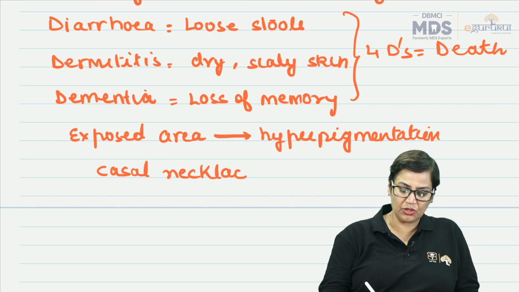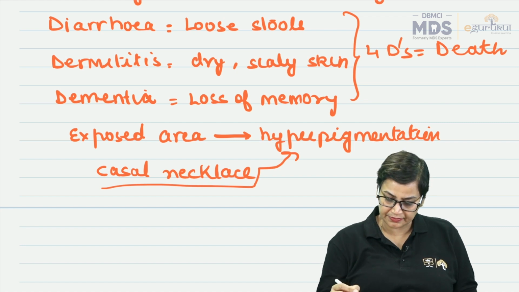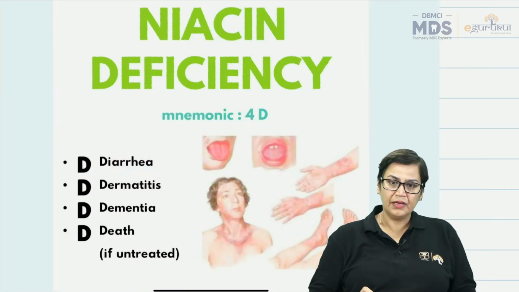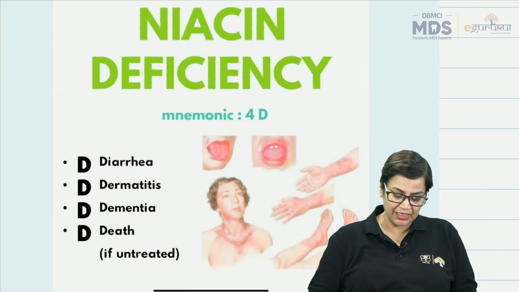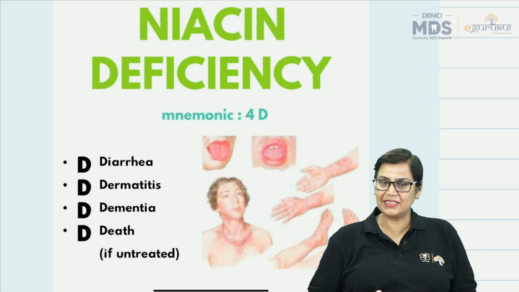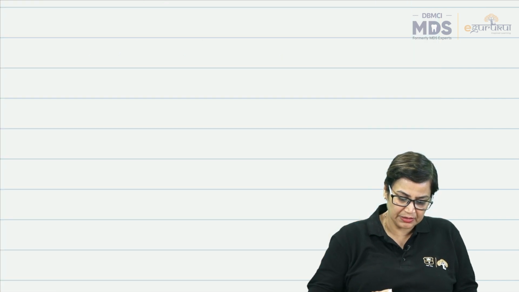I'll show you the image also. Casal necklace is a characteristic feature of deficiency of niacin. You can see diarrhea, dermatitis, dementia leading to death if untreated, and you can see the formation of Casal necklace. This question has been asked in the exam: Casal necklace is due to the deficiency of which vitamin? So you can simply say it is niacin. One more picture is there. I'll just show you the picture.